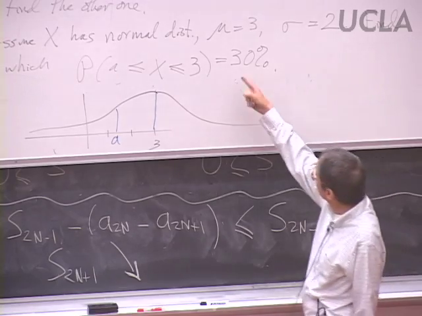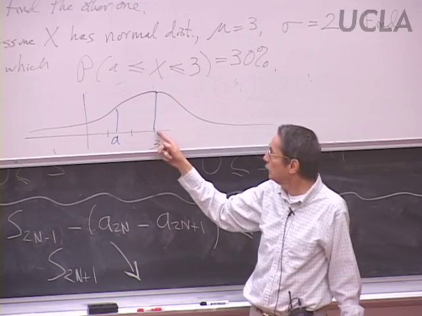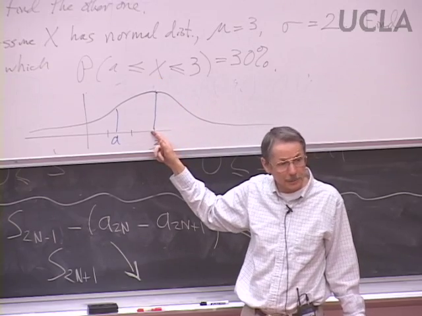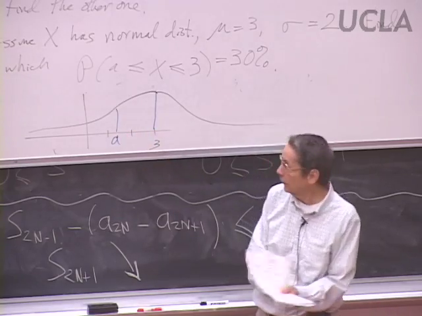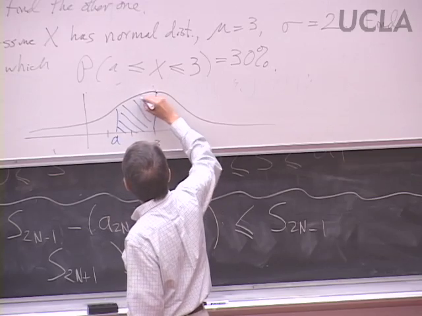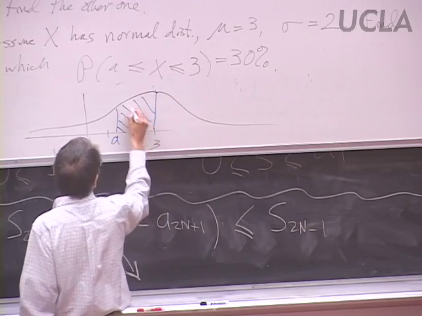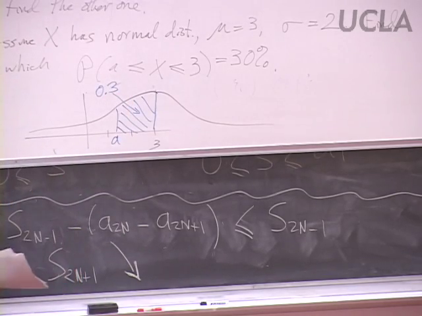This 0.3 is this probability. It's the area under the density curve from 3, which happens to be the mean, down to this unknown number A. The shaded area right there, that's what the 0.3 is.